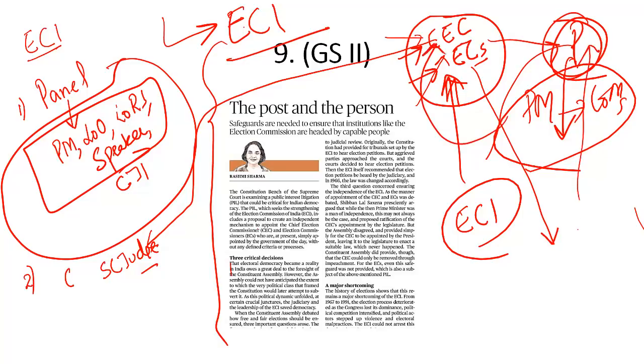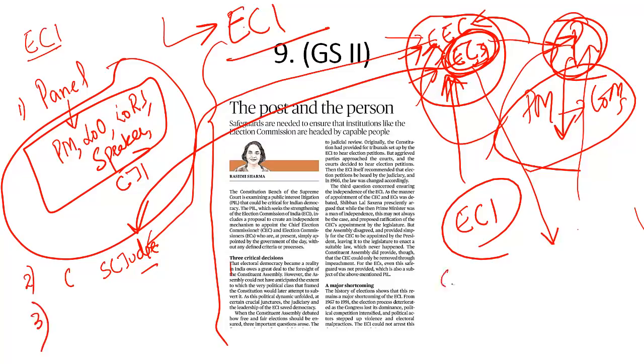That means the process of removal is different. CEC can be removed based on the parliamentary resolution passed by special majority. Election commissioners can be removed by the president only on the recommendation of CEC. So why can't we ensure that election commissioners are also removed just like the judge of a Supreme Court are removed? That's another recommendation.